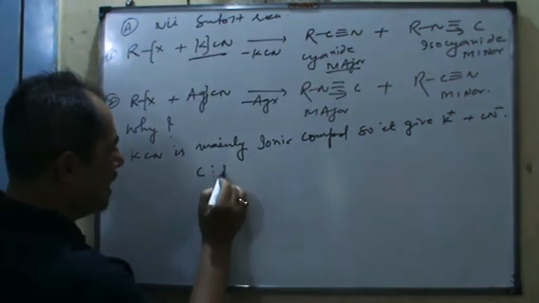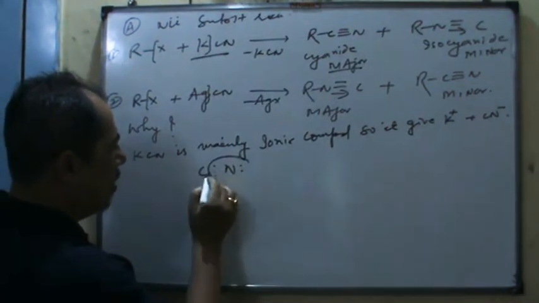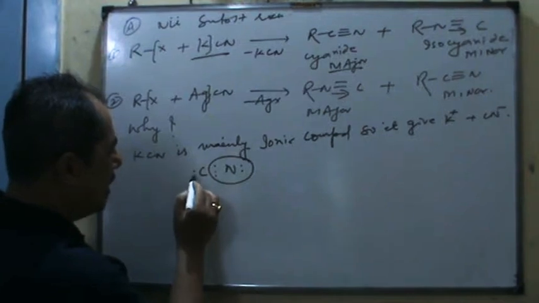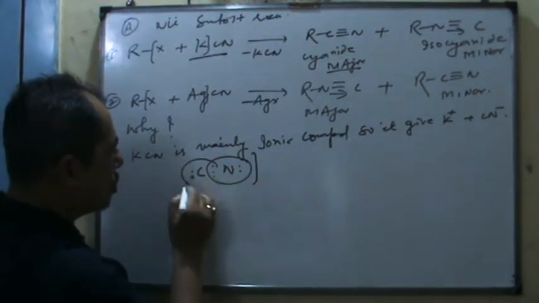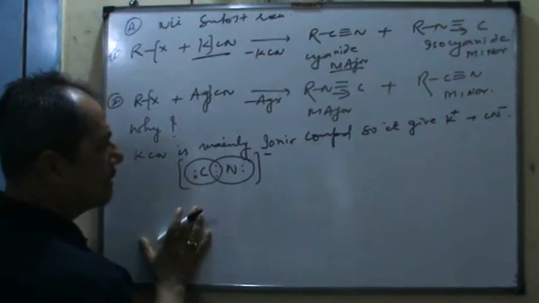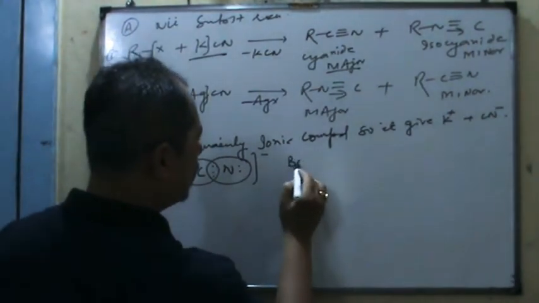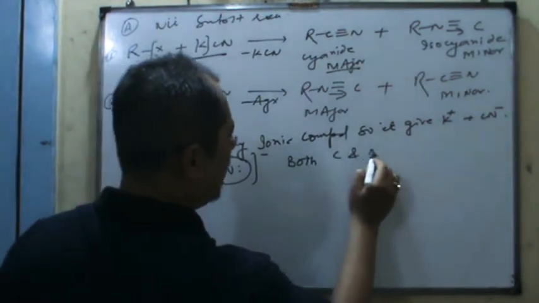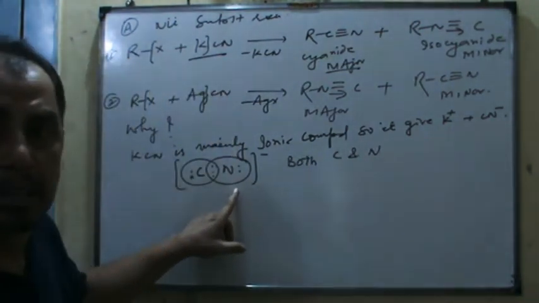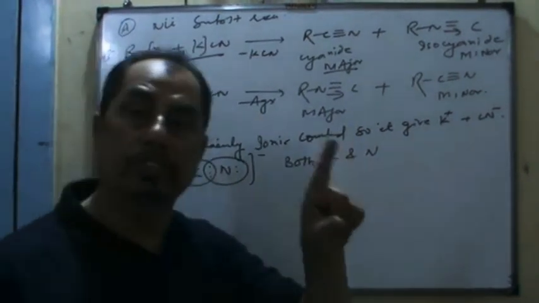Once you see the anatomy of the cyanide, the octet is done and then one electron due to the negative charge. So in this case, both carbon and nitrogen are in a position to donate the lone pair of electrons.